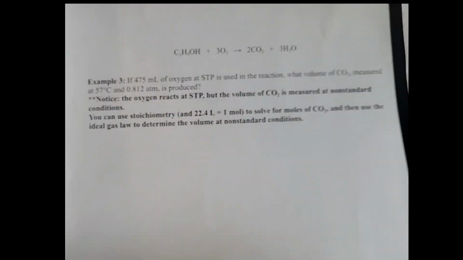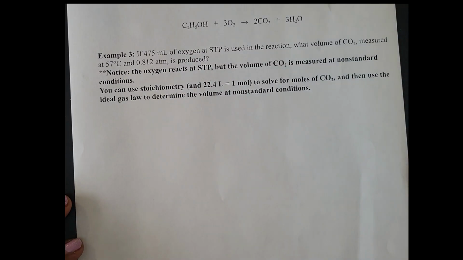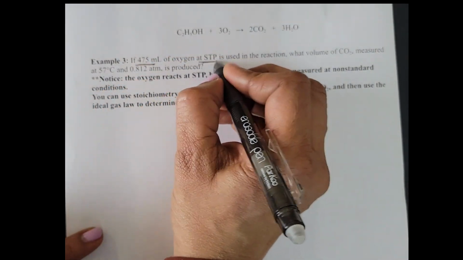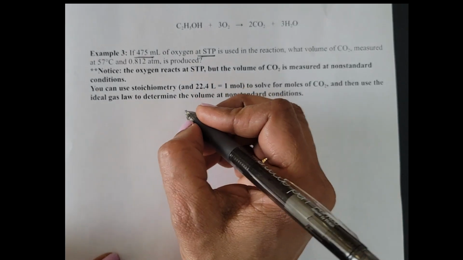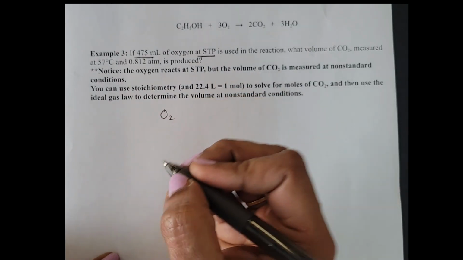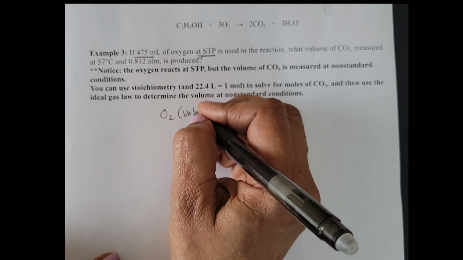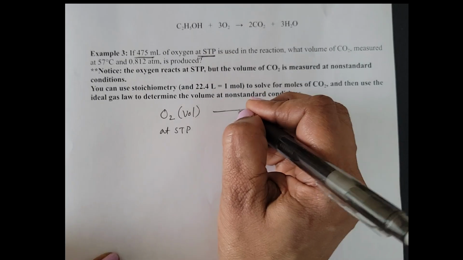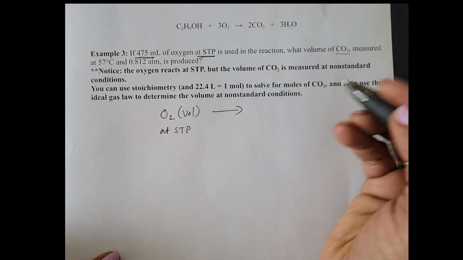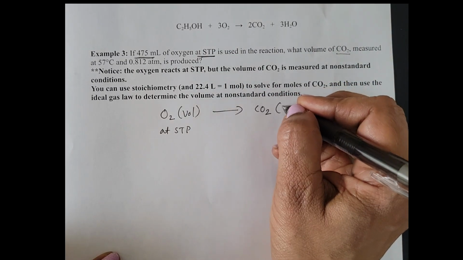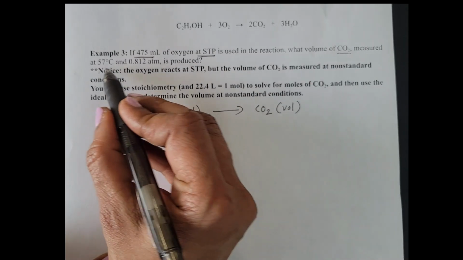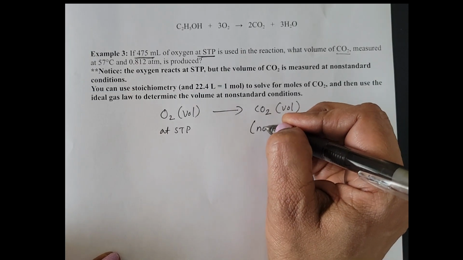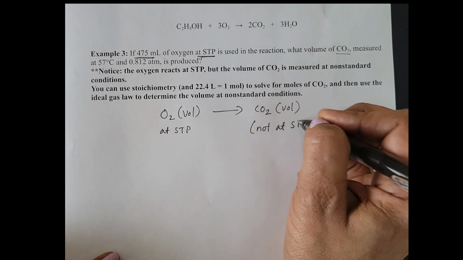So in this question, again, volume is given, which is at STP. We are going to write: given is volume of oxygen at STP, and we are going to find CO2, again volume of CO2, which is at a different temperature and pressure. So this is not at STP condition.